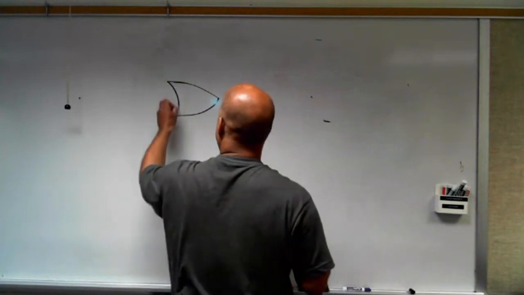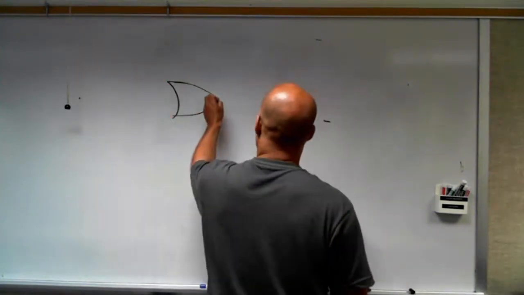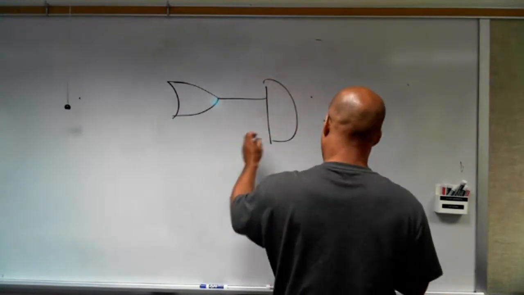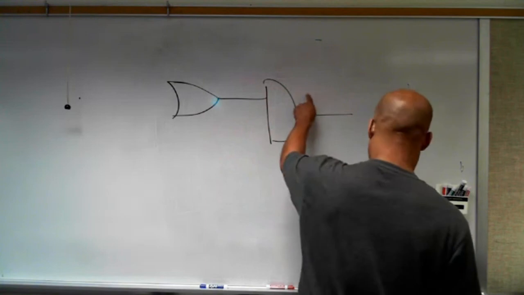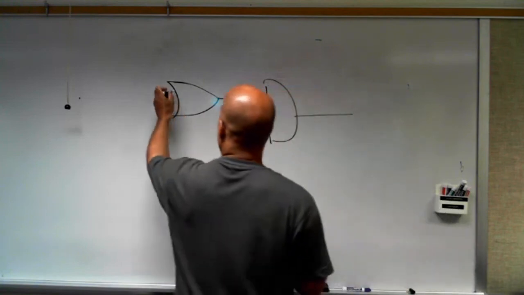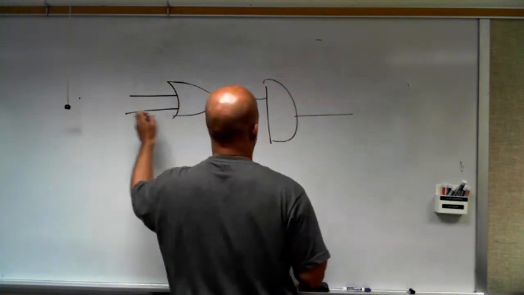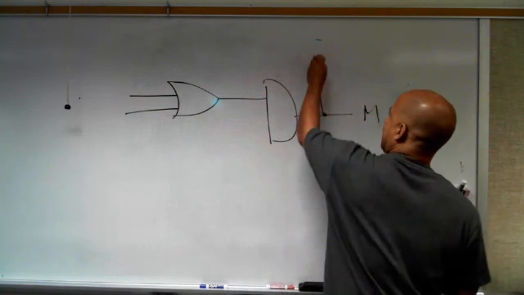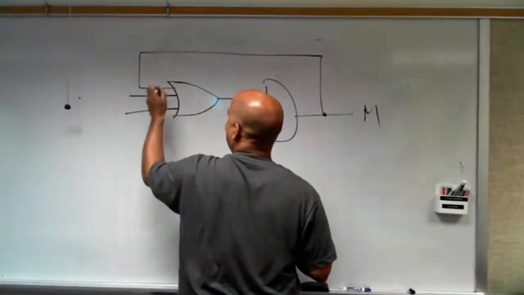problem where you had to convert gates to ladder logic. So you had this. They call this M, and they took the output and fed it back to this OR gate like that.